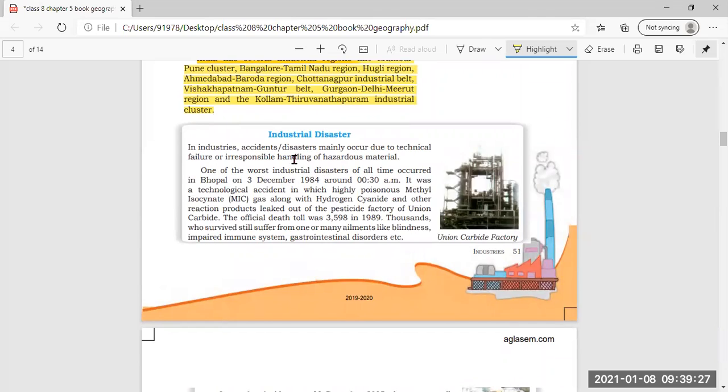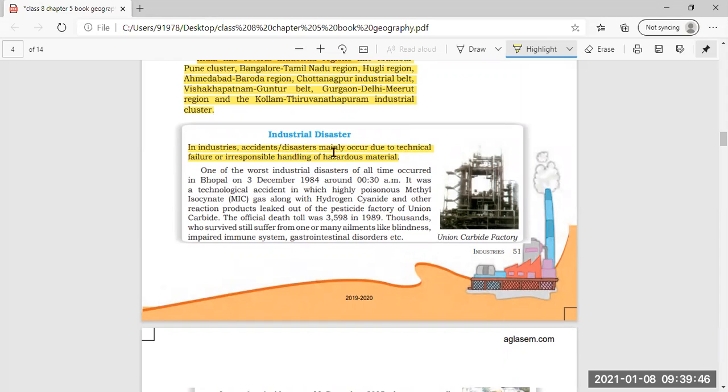Now, coming to this paragraph, industrial disaster. What is an industrial disaster? In industries, accidents or disasters mainly occur due to technical failure or irresponsible handling of hazardous material.